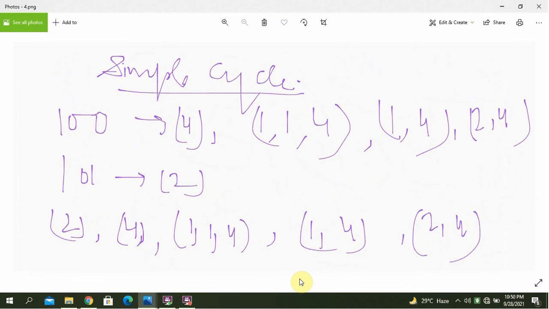Now simple cycles are those latency cycles in which each state appears only once per each iteration of the cycle. A simple cycle is a greedy cycle if each latency contained in the cycle is the minimum latency from a state in the cycle.